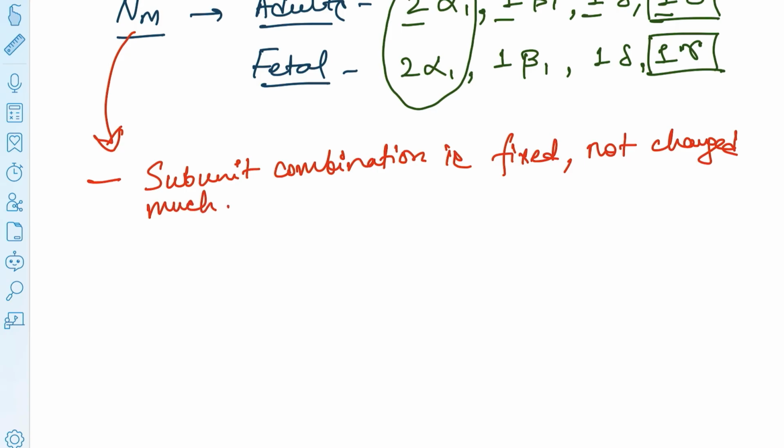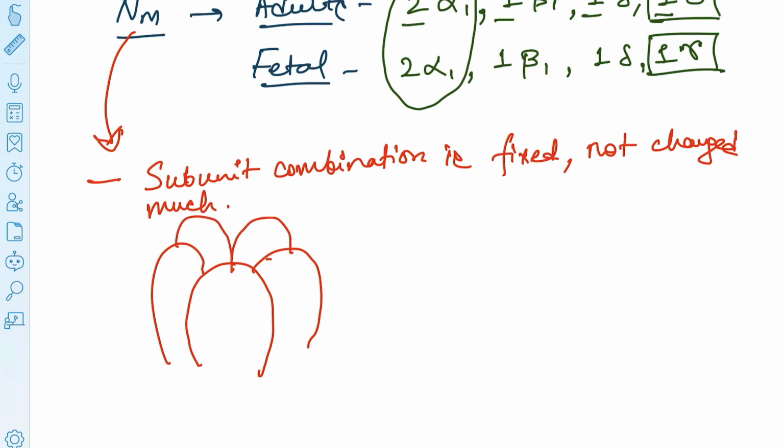Okay, so for example, if I draw the structure of the nicotinic receptor again, this is the pentameric structure, and as I told you, it has two alpha 1 subunits. So suppose alpha 1 is present here and here. One beta 1 is there, suppose one delta is there, and one is epsilon or gamma, depending on whether you are in the adult or fetal state.